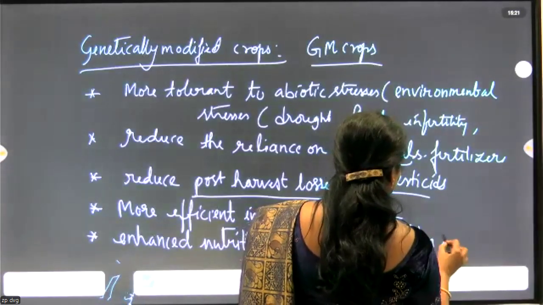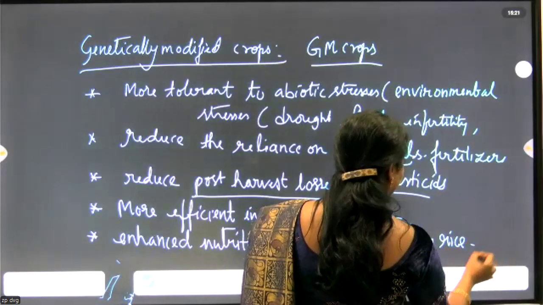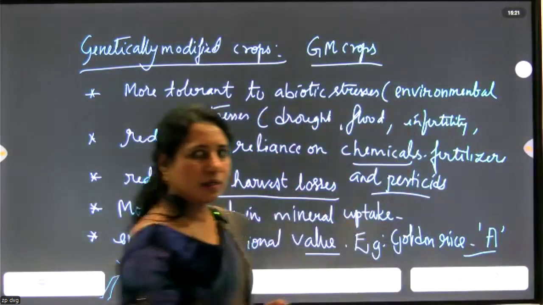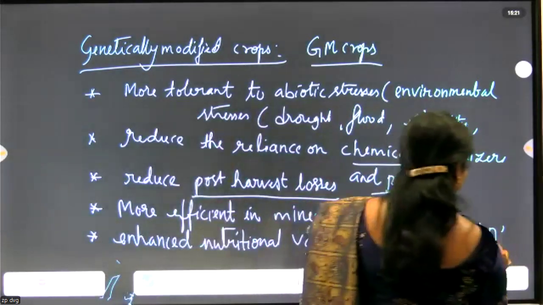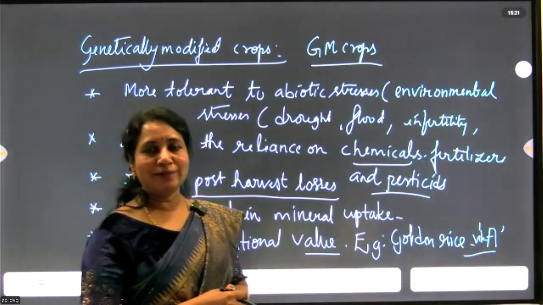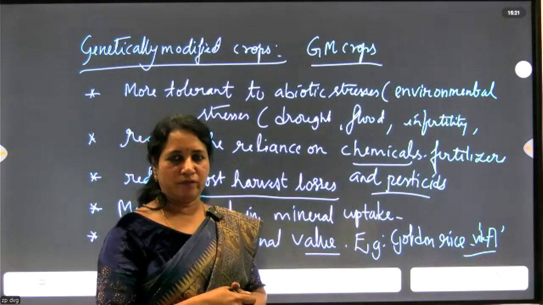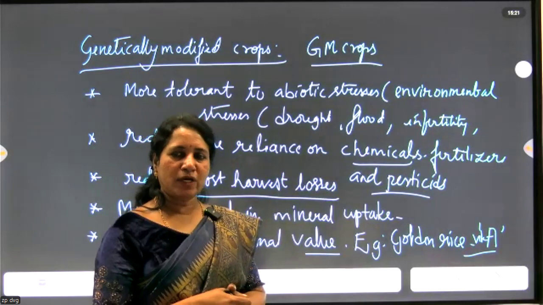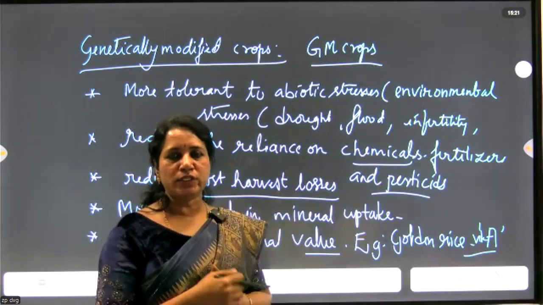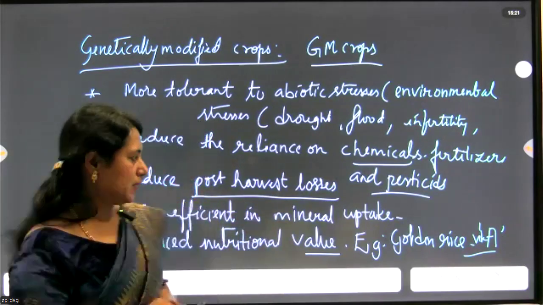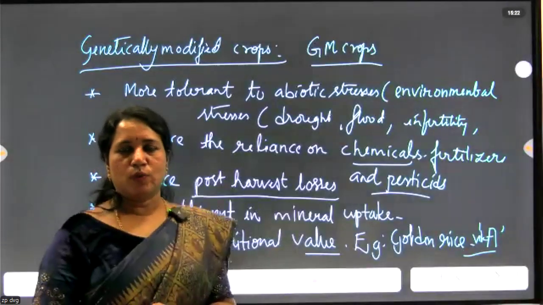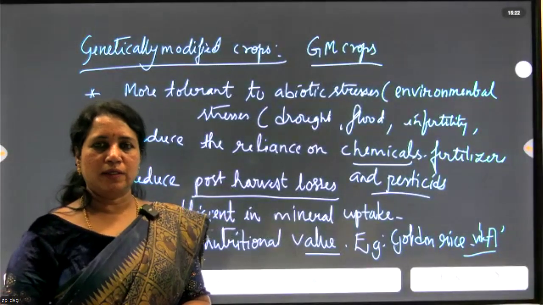Golden rice is yellow in color. It is rich in vitamin A, where vitamin A is in the form of beta carotene, not an easily absorbable vitamin A. It is in the precursor form, beta carotene, and when you ingest it, it is converted into vitamin A. So these are the uses of genetically modified crops.